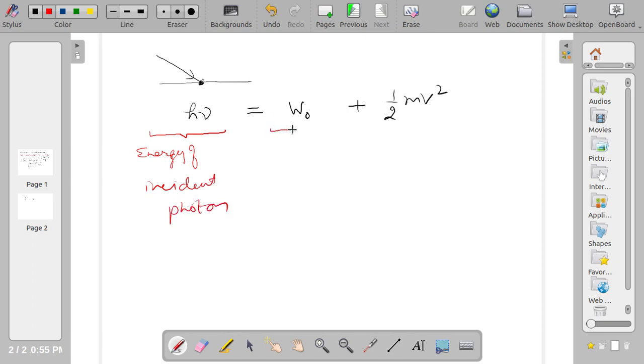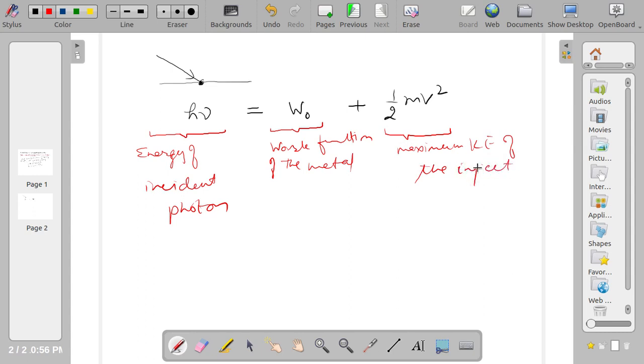And this W naught, let us call it the work function of the metal, and this is basically the maximum kinetic energy of the ejected electron.